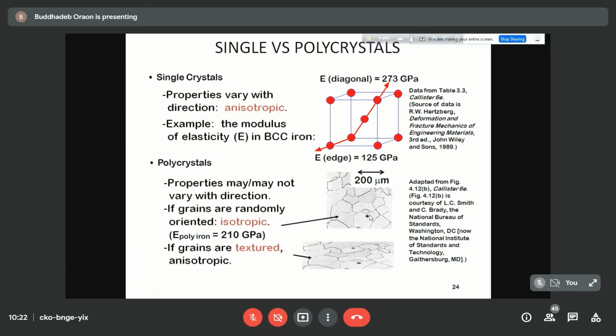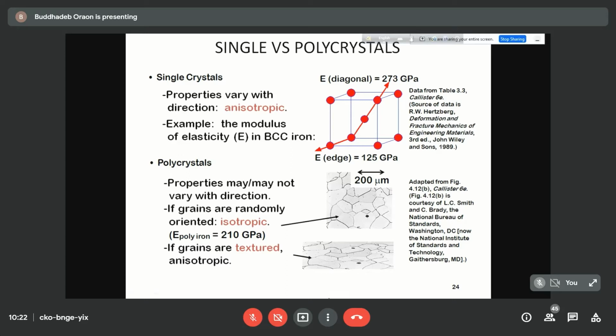In case of polycrystalline iron, let us say, where the crystals are mixed in randomly, we may get the same value of elastic modulus in all directions. It is, let us say, 210 GPa approximately.